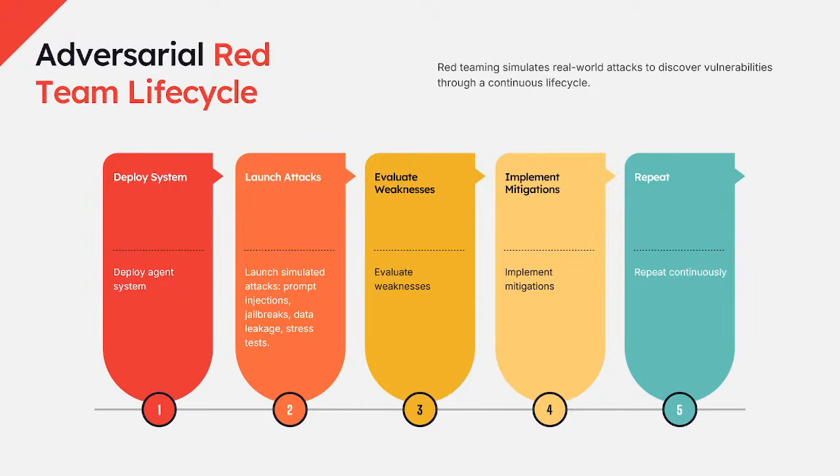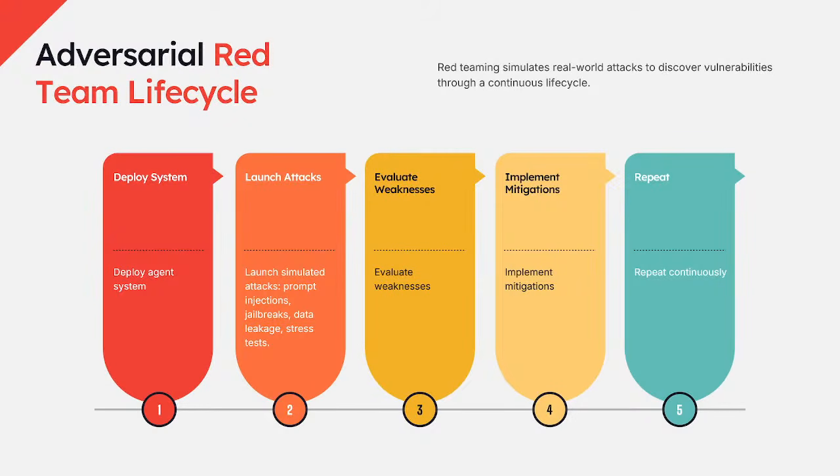When you launch simulated attacks, for instance, prompt injection, jailbreak, data leakage, threat tests, this is just like chaos engineering, where you purposely launch attacks against the system to detect the weaknesses of the system, so you can design against the weaknesses and make sure the system is perfect.